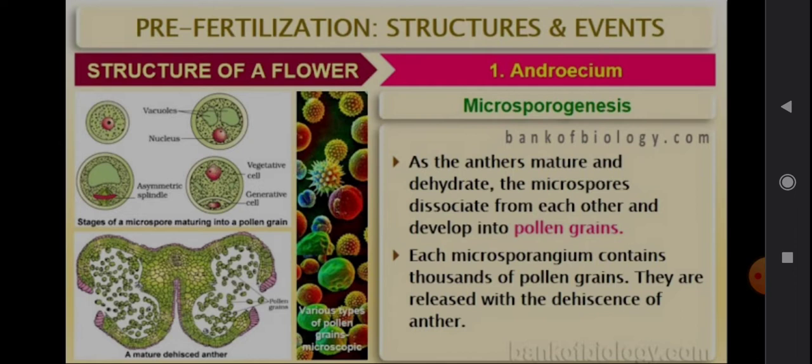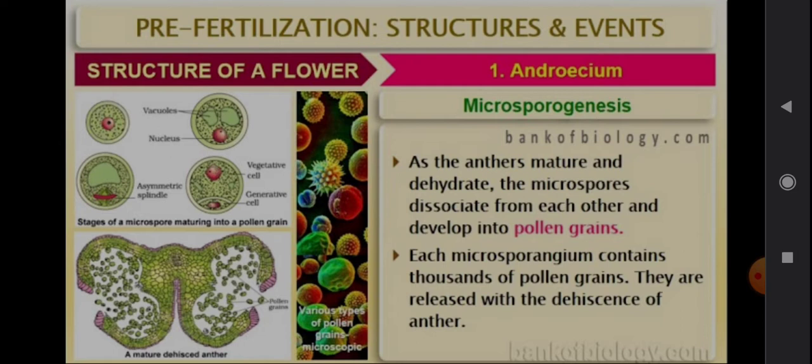As the anther matures and dehydrates, the microspores dissociate from each other and develop into pollen grains. When the anther matures, it gets dehydrated, in the sense that the moist condition won't be there. During that time, these pollen grains burst out.